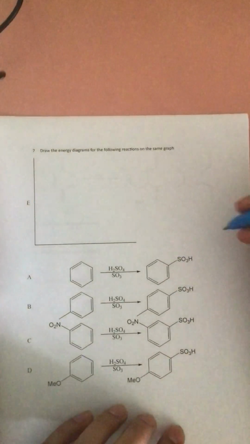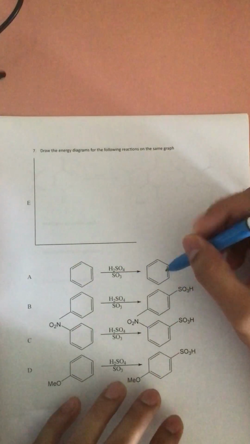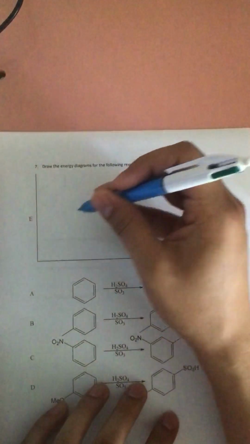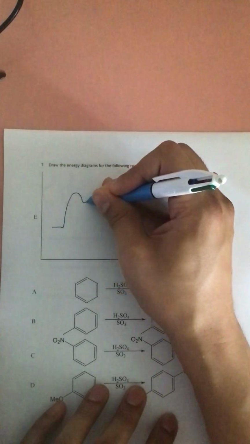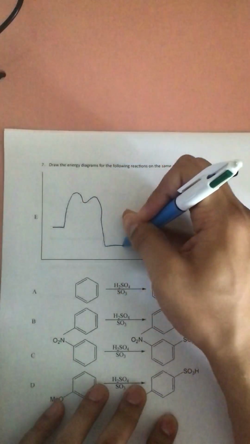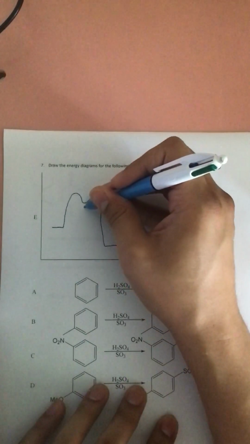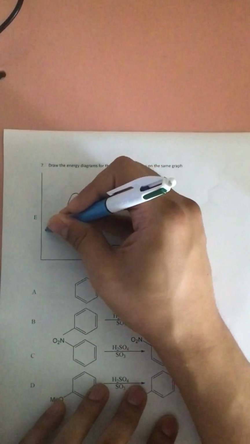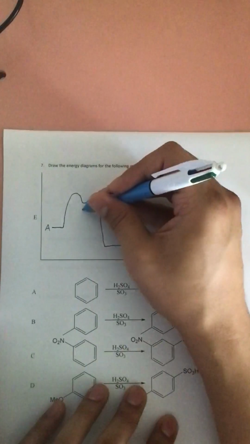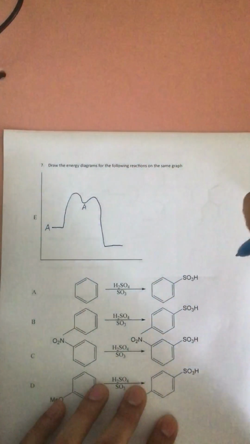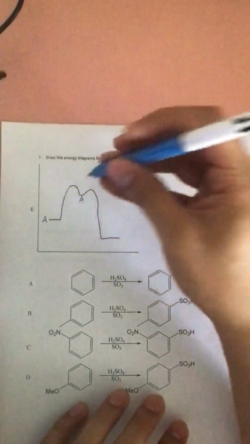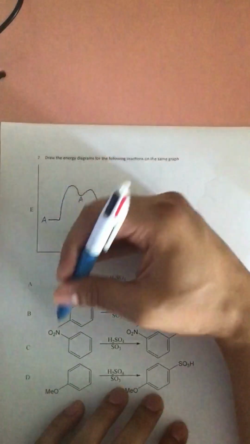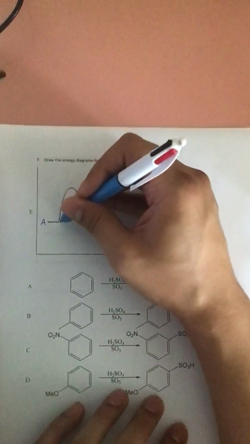Draw the energy diagram for all of these. So I always like to do this where you're going to have one intermediate and then a final product. And this will be A. Let's see. B should react faster, right? Because the methyl's an electron donating group.